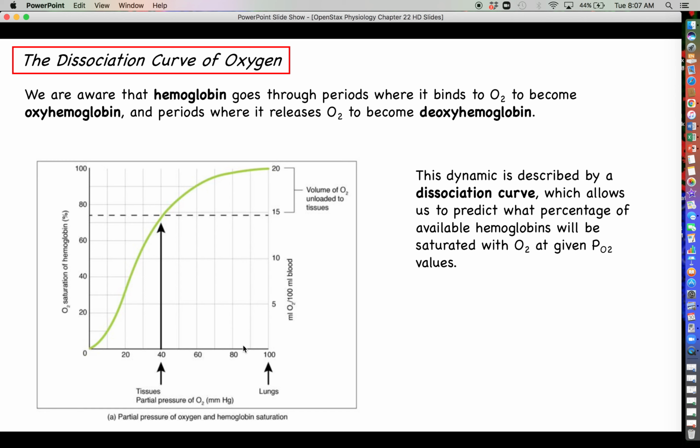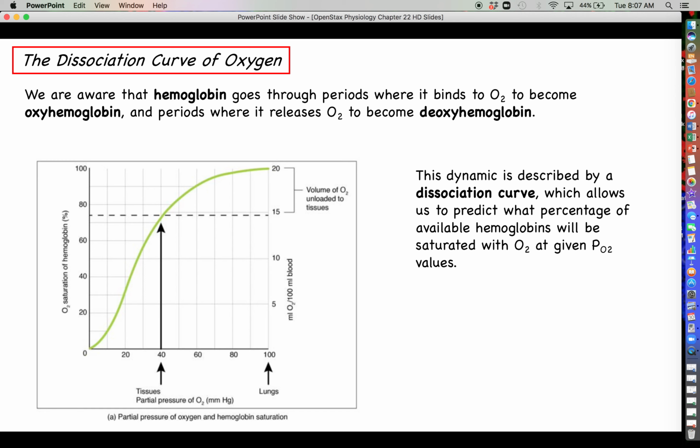So when the partial pressure of oxygen is very high, hemoglobin will be fully loaded up with oxygen. But at lower concentrations of oxygen, such as in the veins and in the tissues, where the concentration of oxygen is much lower, the affinity that hemoglobin has for oxygen is much, much less.